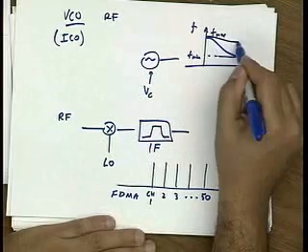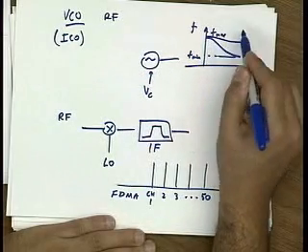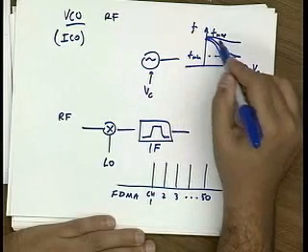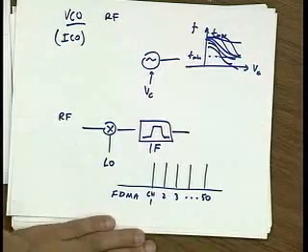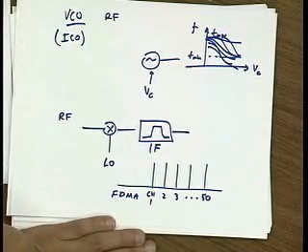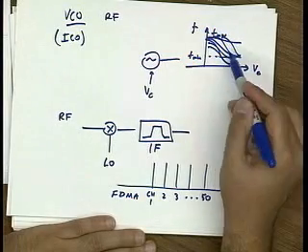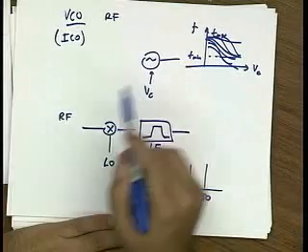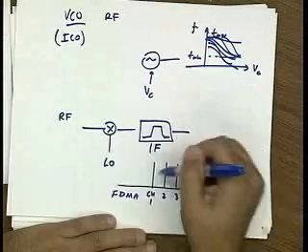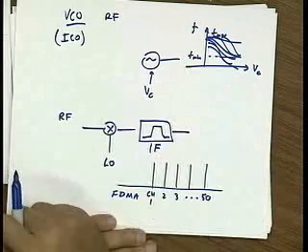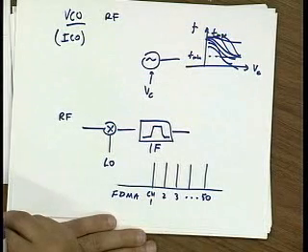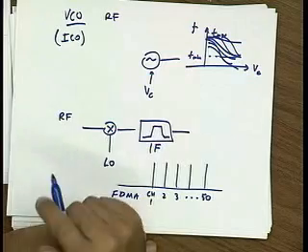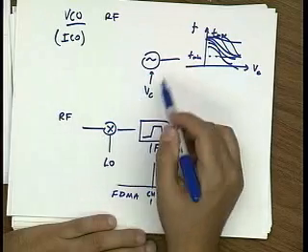Over temperature, it may have a smaller range or a larger range, and over process, it has basically something like that. How we actually determine the control voltage to hit a precise frequency is the subject of another lecture. That's how we build synthesizers. They synthesize precise frequencies based on a reference. But from today's lecture's perspective, we want to find out how we can vary this output frequency.